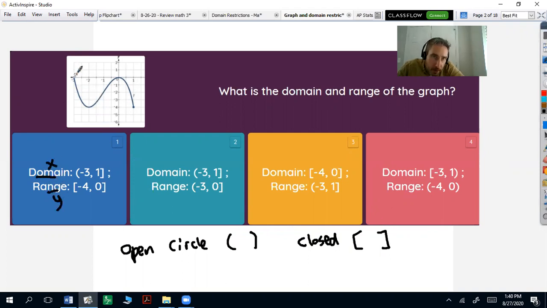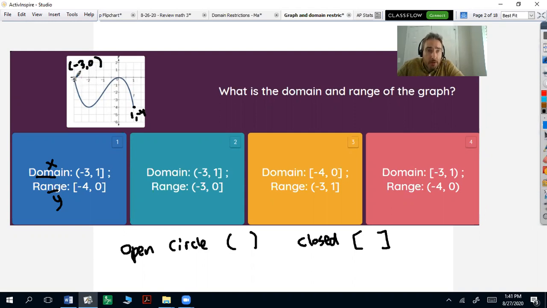So if you look at this graph here, notice there's an open circle at -3, and a closed circle down here where x is 1. So again, this is the point (1, -4), and that's included on the graph, and this is an open circle, the point (-3, 0).